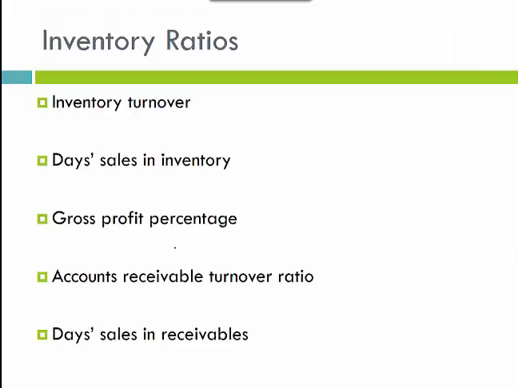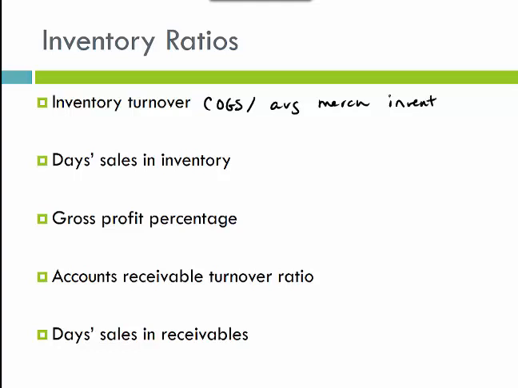Okay, inventory ratios. So we've got quite a few of these. Inventory turnover ratio, we did look at that. Most of these we have looked at in Accounting 1, but it's probably been a while. So inventory turnover is cost of goods sold divided by average merchandise inventory.